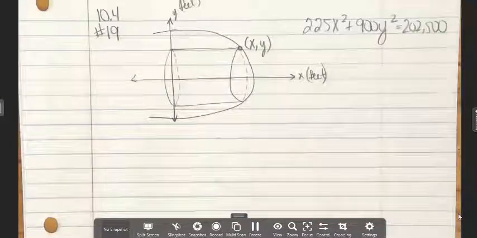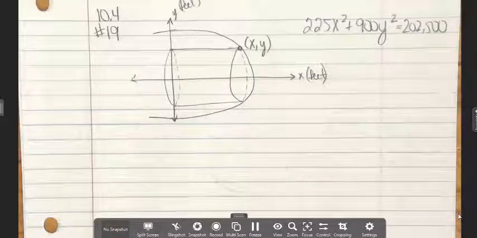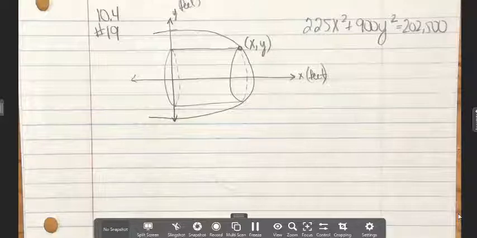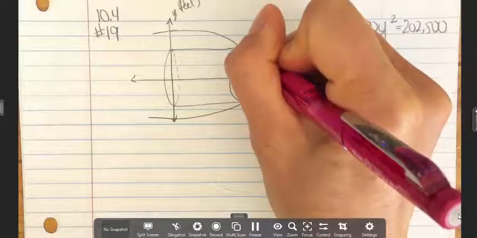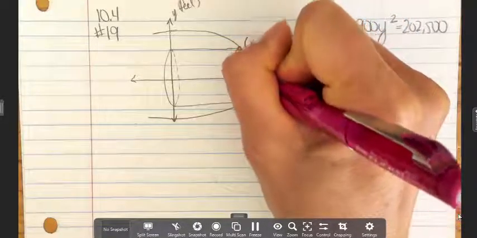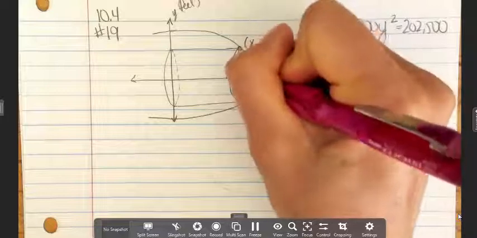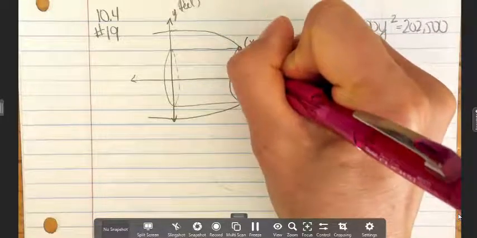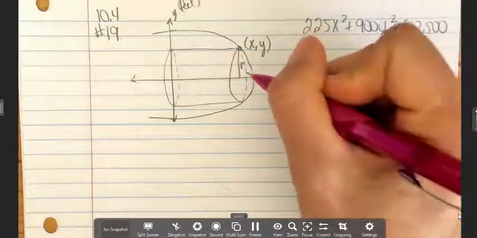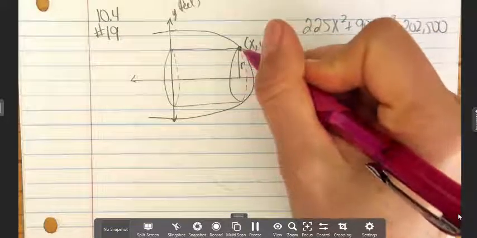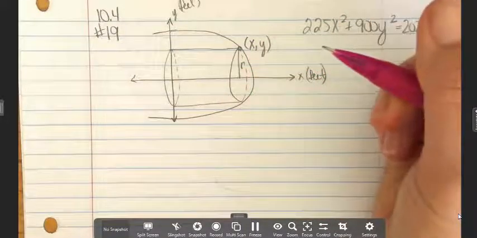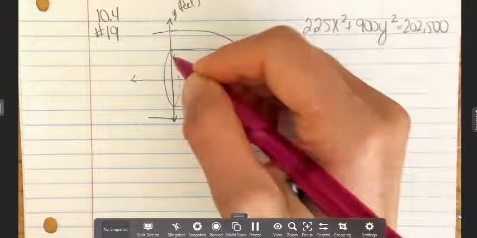Okay, and now number 19. Now we see that our cylinder is on its side. So instead of its radius being an x value, if we go from the x-axis out to the side of this cylinder, we're parallel to the y-axis.